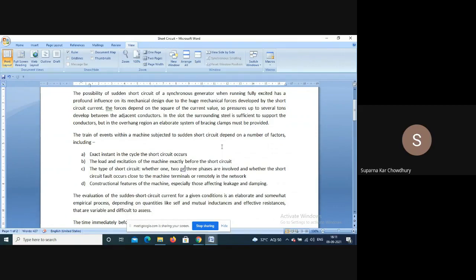It depends on which type of fault it is, because the current magnitude and form will depend on that. Then the constructional features of the machine are also important, because they affect the leakage and damping.